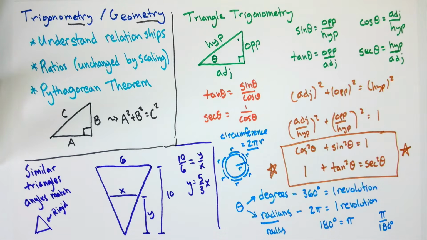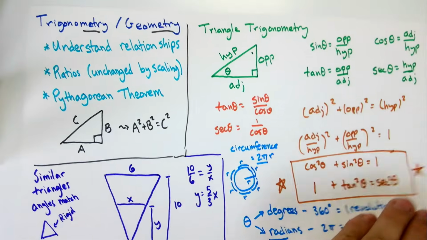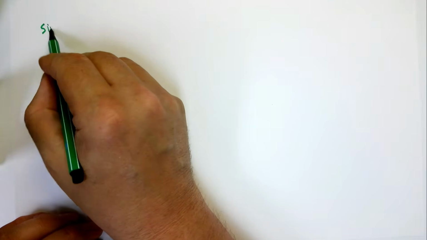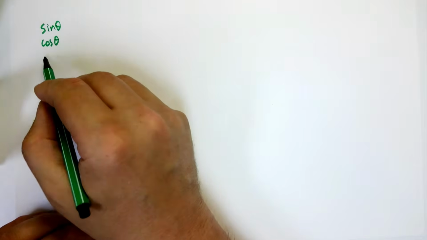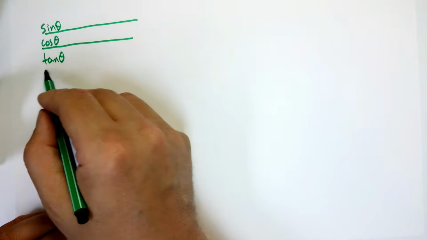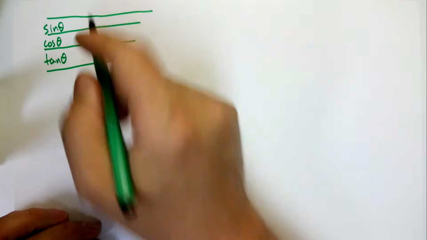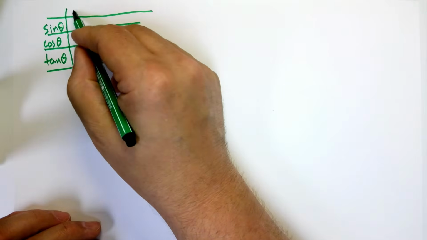All right. Well, let's try some specific angles and see if we can't compute what some of these values are. So, what are some nice angles for us to work with? Let's make a nice chart here. So, we want to do sine, cosine, and tangent. Let's see. We'll put 0.